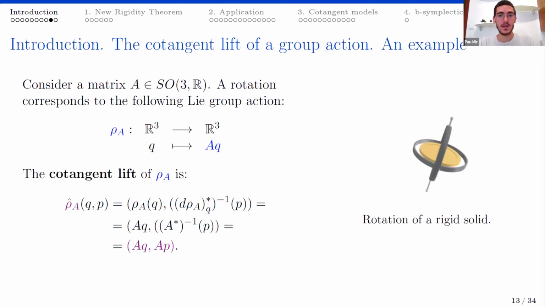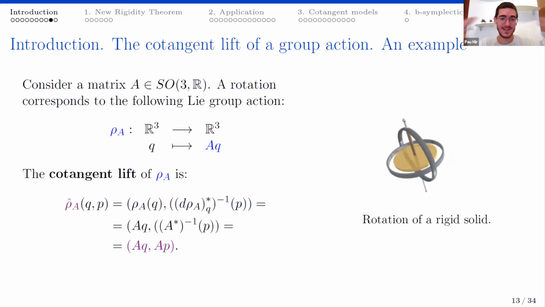If you have a rigid solid, you can consider its rotation by a matrix A of SO(3), which you can compute explicitly by simply taking the product A times the position vector Q. And then if you compute the cotangent lift of this action and you take P as the coordinates of the fiber of the cotangent bundle, then you see that hat rho is simply A times Q, the same in the base, and A times P in the fiber.